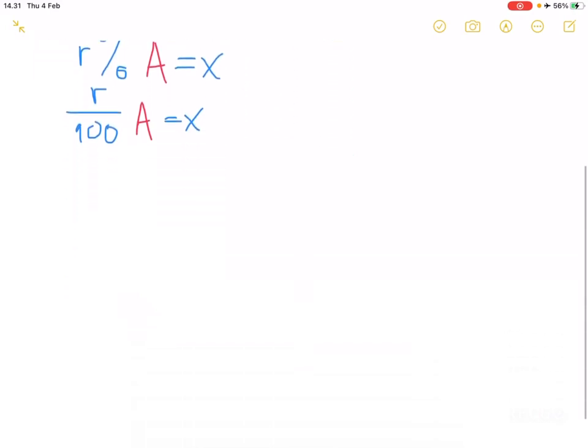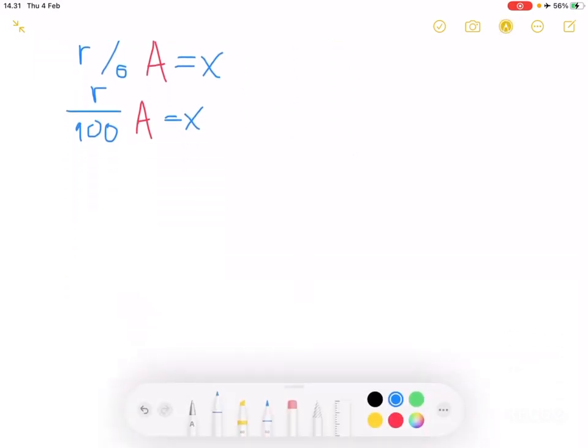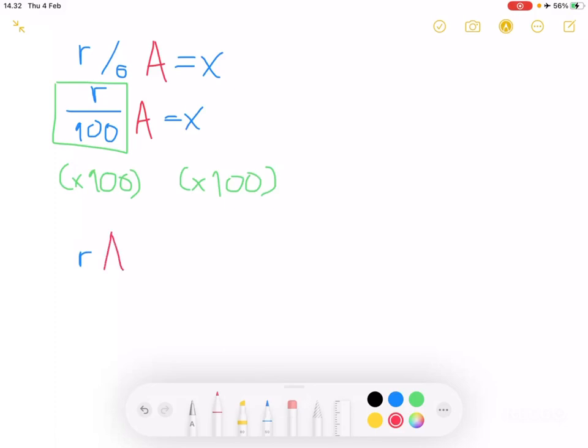Okay. So we need to somehow get rid of this thing right here, so that we can express A in terms of R and X. So what we'll do is multiply both sides by 100 first. So we're left with R times A on the left hand side, and this will be equal to 100 times X, which is just 100X.